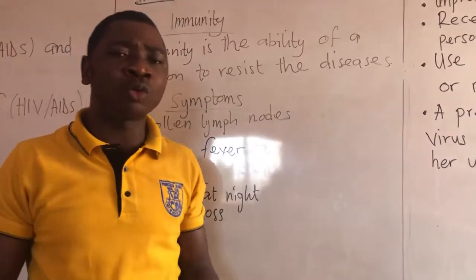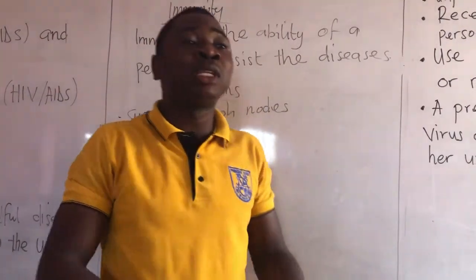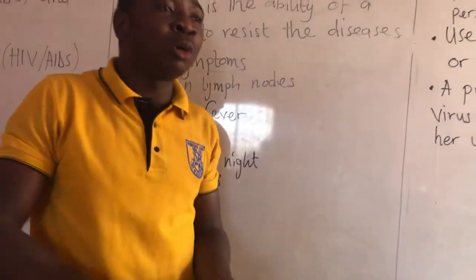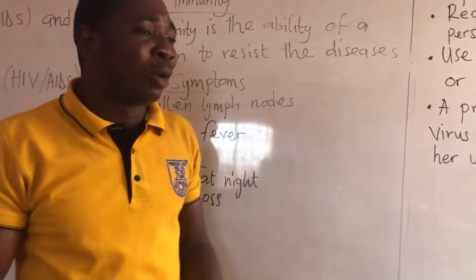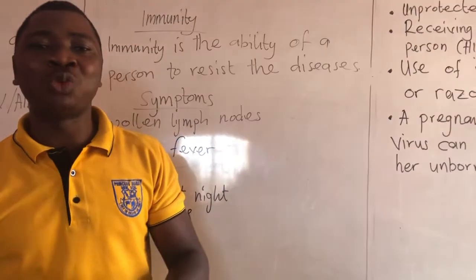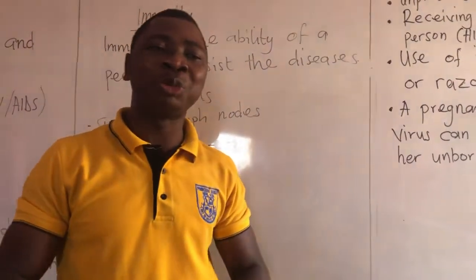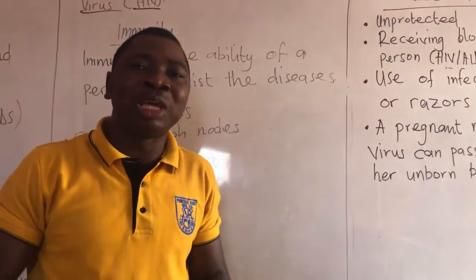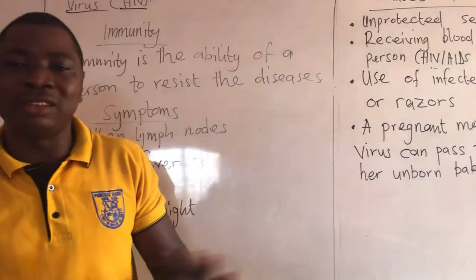When it's weakened, what will happen to you? When diarrhea comes, it will attack you. When any disease comes into your system, it will attack you. The immune system will not be able to fight against any disease at all.